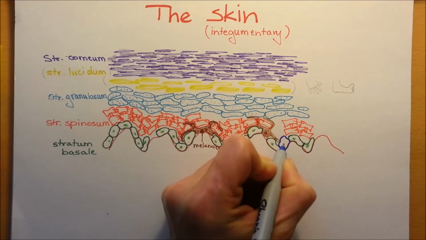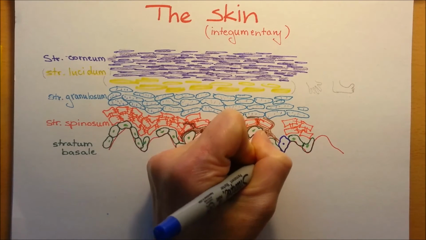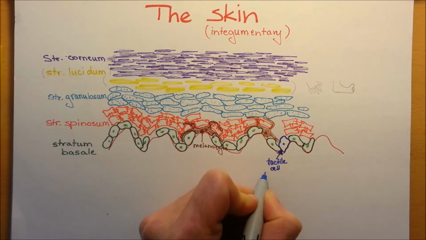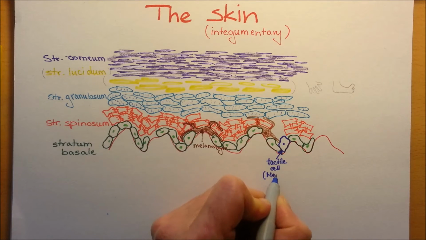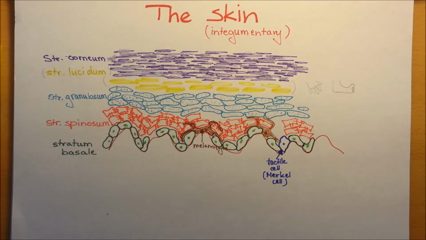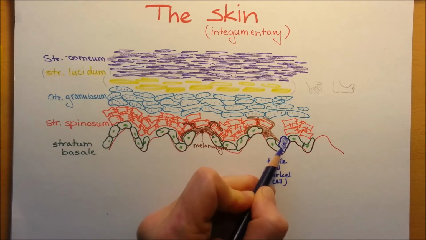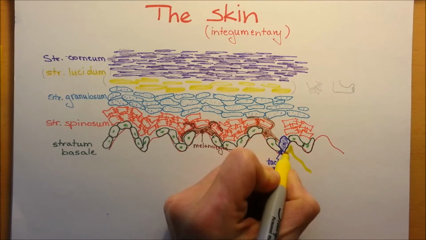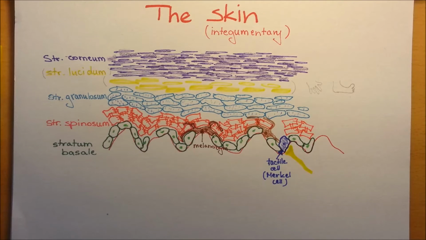The other cell at the stratum basale is the Merkel cell. It's a tactile cell, a sensitive touch receptor that sends signals through a nerve into the central nervous system, into the brain, that something touched the skin.